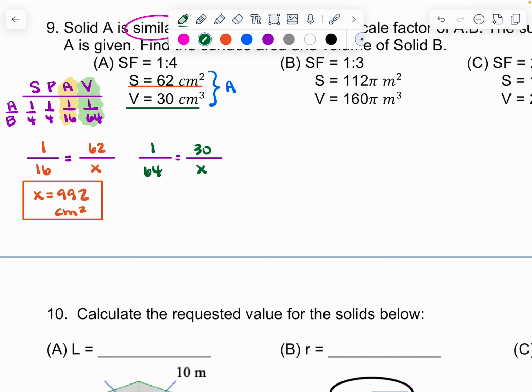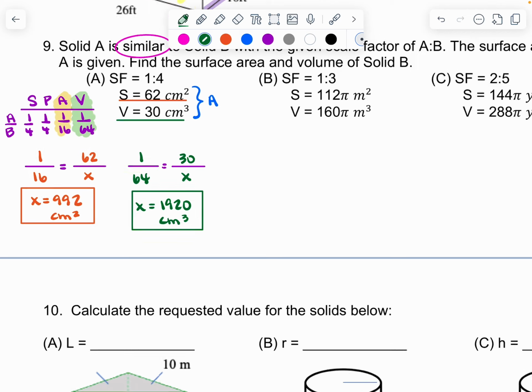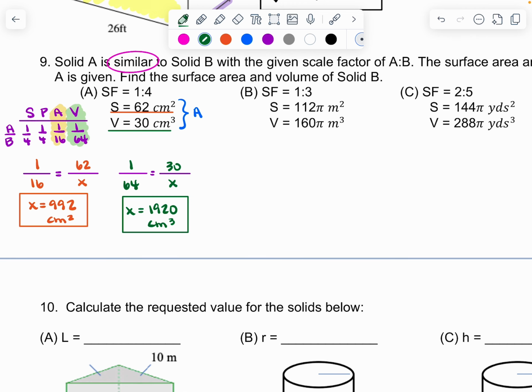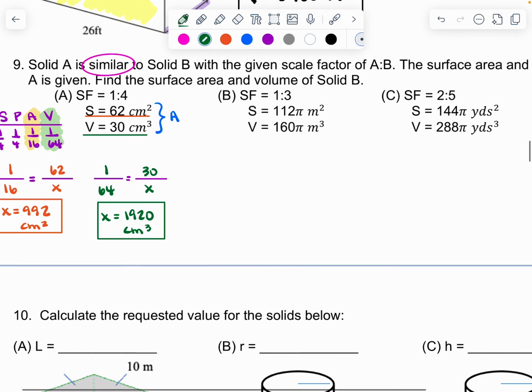And if the volume of A is 30, that goes in my numerator, which means the volume is 64 times bigger than 30. So clearly when I cross multiply, I'm just going to be multiplying 64 times 30, which gives me 1,920 cubic centimeters. Okay.